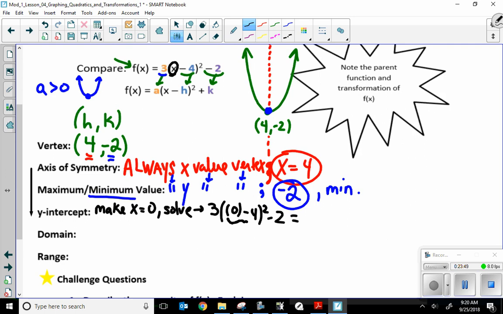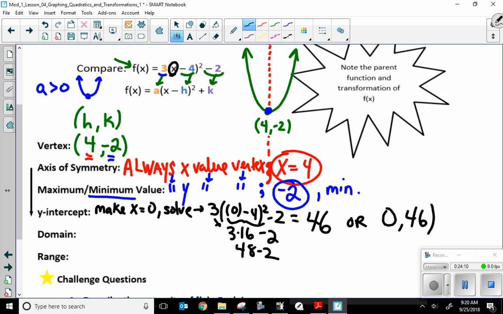If I square it, 16 times my 3 minus 2. That's 48 minus 2. 46 is my y-intercept. If they want the coordinate, that's like saying when x is 0, y is 46. That should make sense because we plug the 0 in for our x, and our output was our y, 46. So how do we get the y-intercept? We make our x equal to 0 and we solve. Simple. Domain.